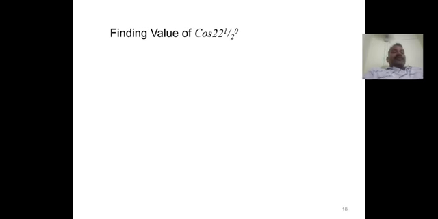Now for finding the cos 22 and half. Cos 22 and half, this is the formula we have to find with the help of cos 2a formula. 45 and 22 and half is a submultiple angle. So 22 and half is a submultiple of 45.